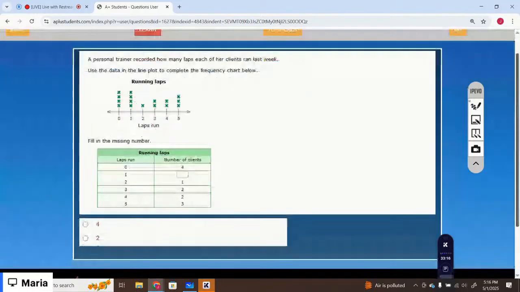Frequency for one is 1, 2, 3, 4. Option number one is the correct option, that is 4.